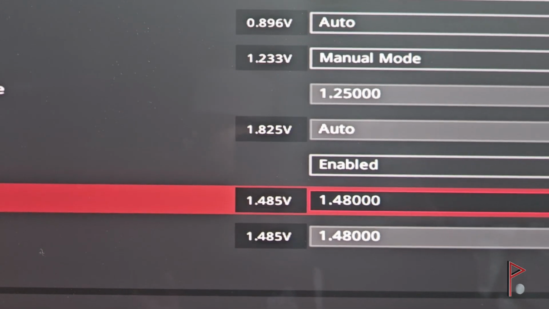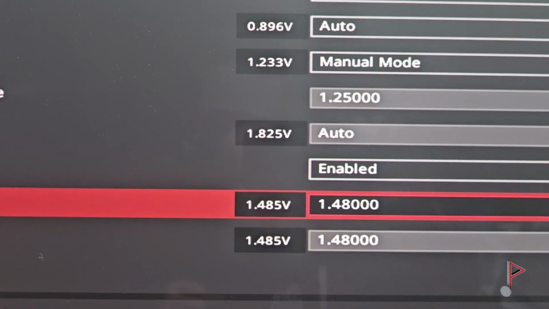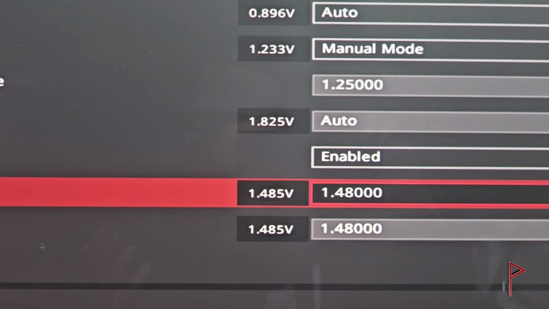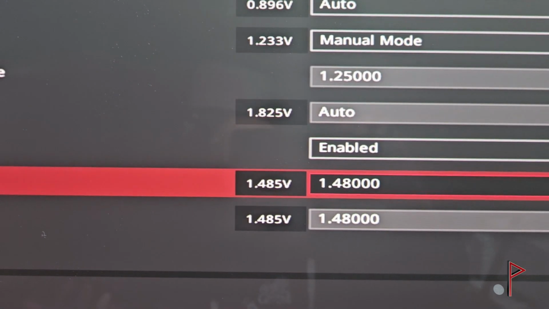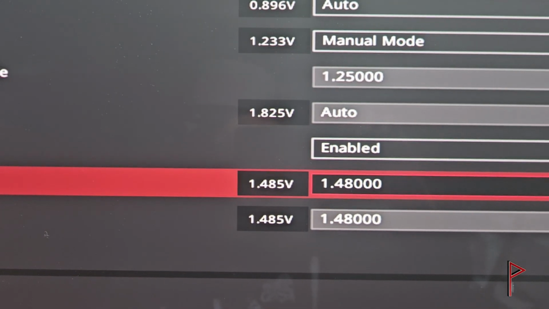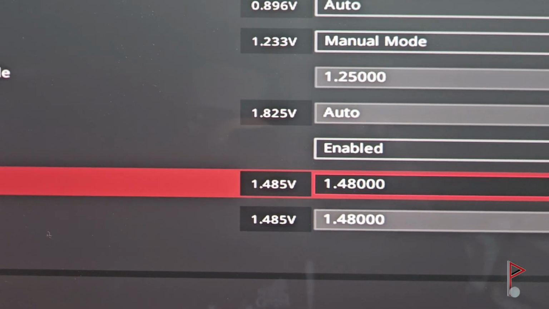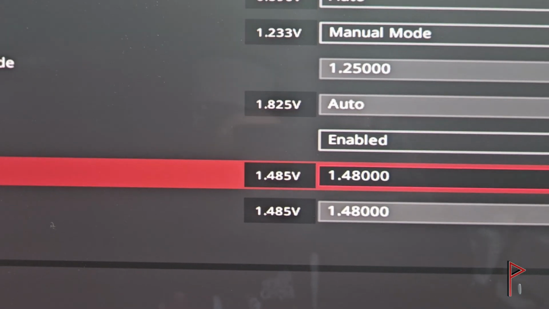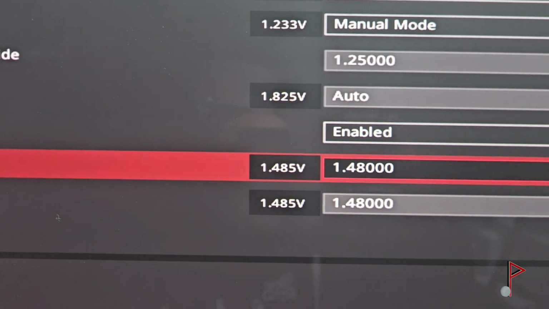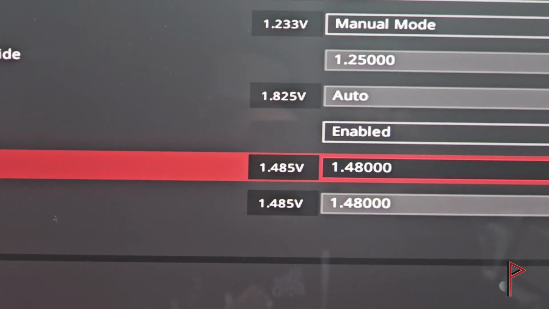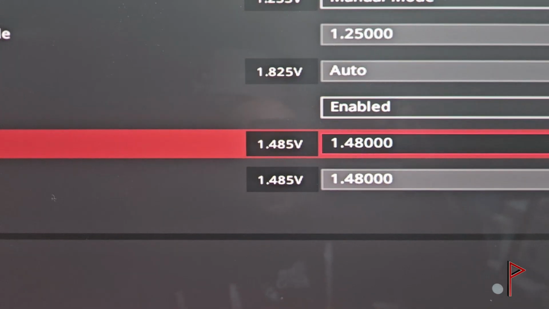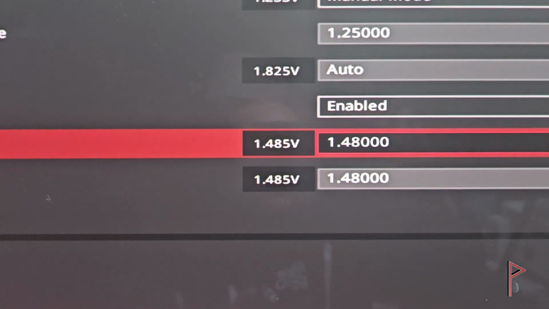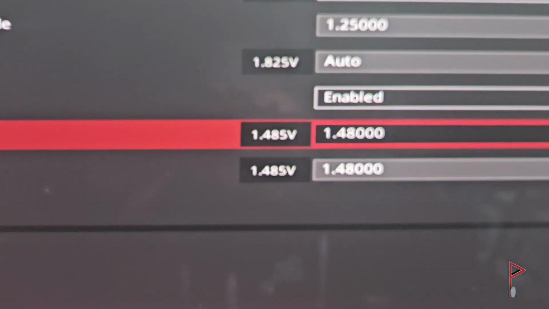Now, how I did this, I should explain. I simply stressed the memory, put a stress test on it, and ran a game, and then watched the temperatures creep up. And I'm trying to stay around 50, sort of like that. But I was well under that temp, and with my water block on the memory, I'm way below 50C, and I just saw no reason to push it further.